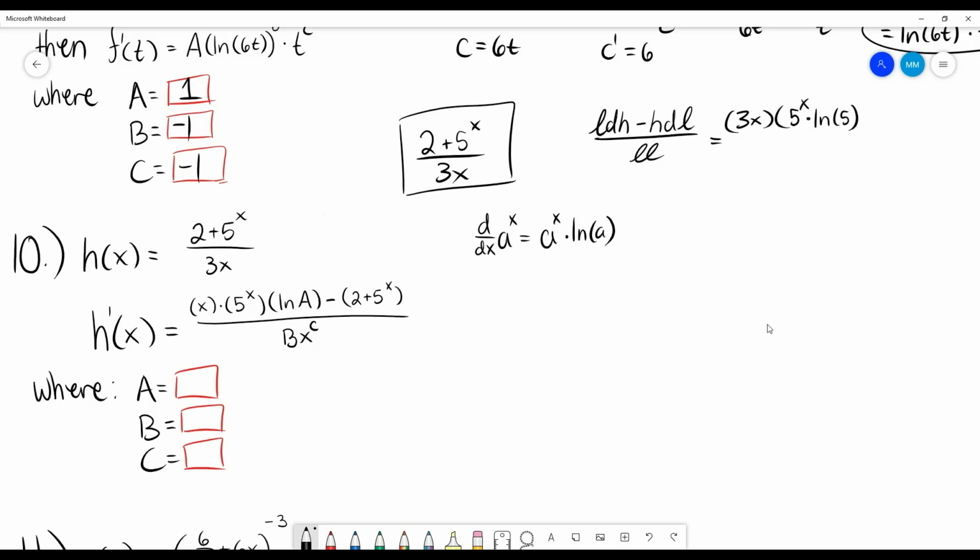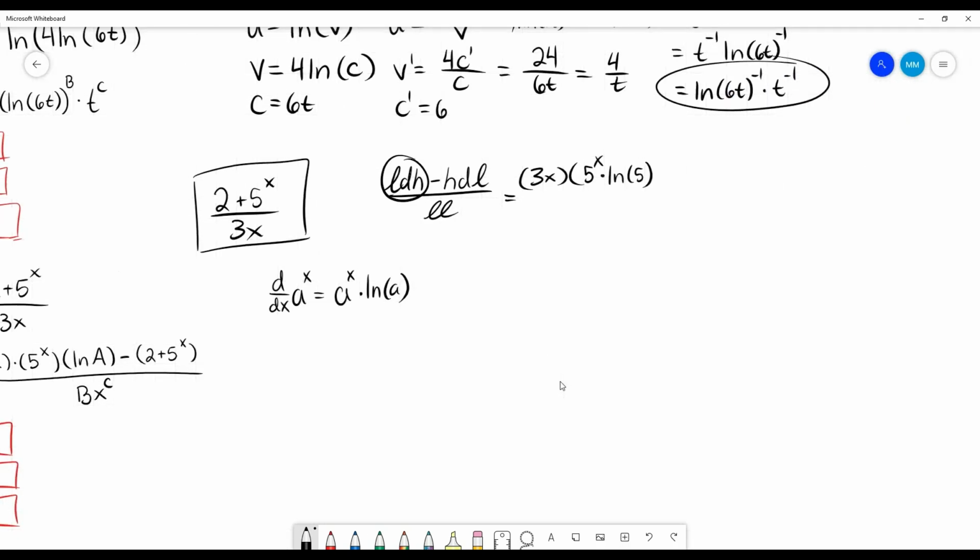Okay. And then that's this first bit, so then minus high, our higher term, so 2 plus 5 to the x, d low, so times the derivative of our lower term, which is just 3, all over low low, so it's going to be 3x times 3x, which will just be 9x squared. I'll go ahead and write it like that.